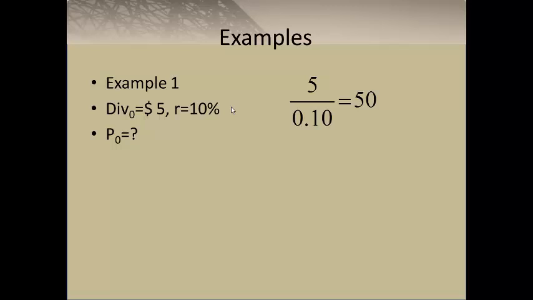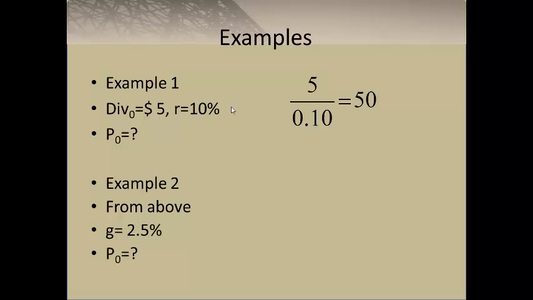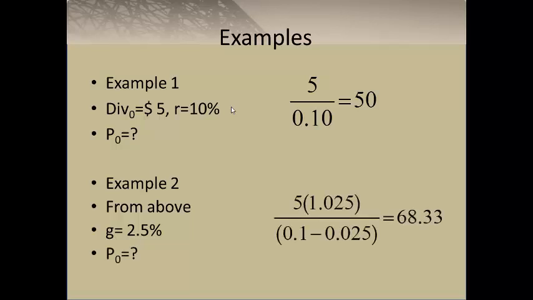That's a simple case. Now let's make the dividend grow. So Div0 was $5 from above. Growth rate is 2.5%. What is the price? So we can calculate Div1 as Div0 times 1 plus g, which is 5 times 1.025, where g is 2.5%.